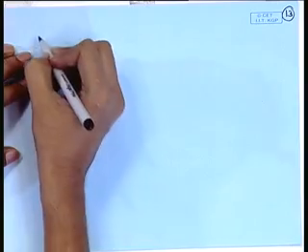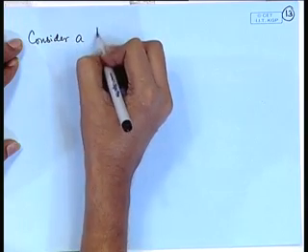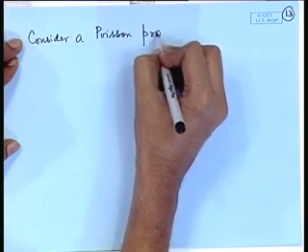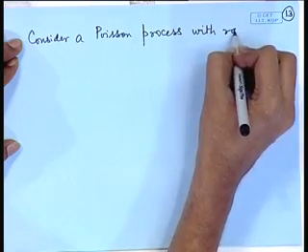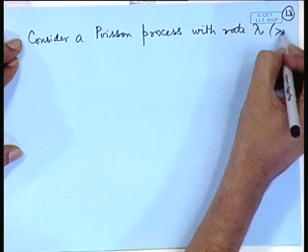Let us consider a Poisson process. Consider a Poisson process with rate lambda. Of course, lambda is greater than 0.